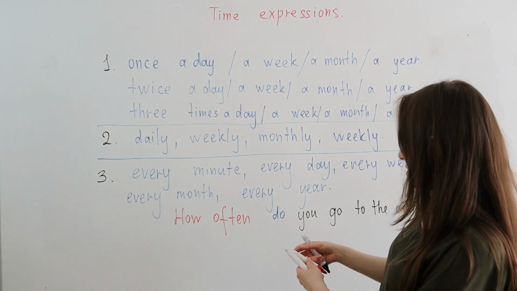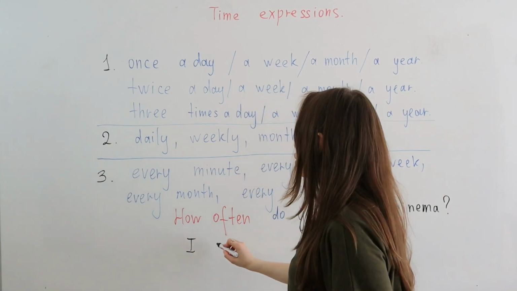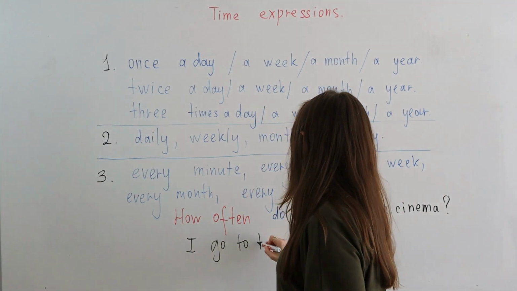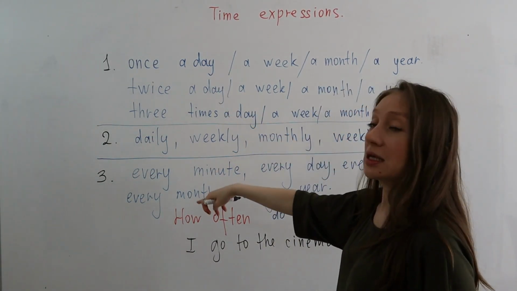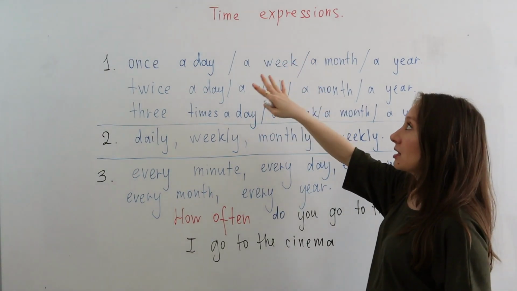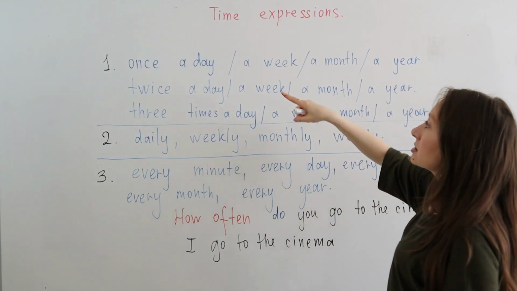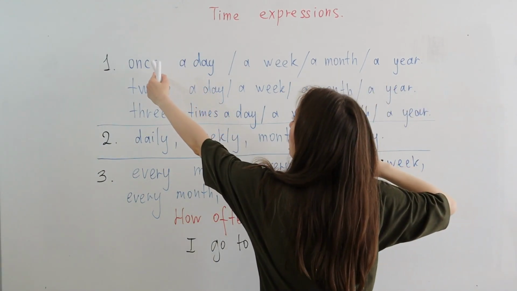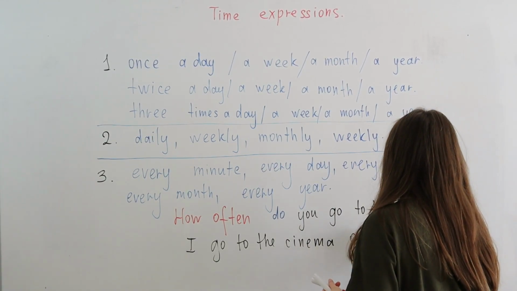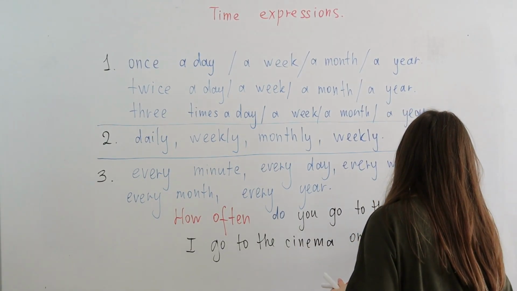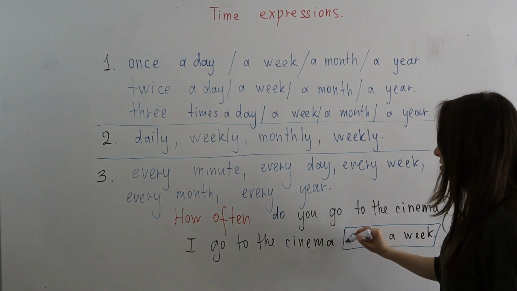For example, the answer is I go to the cinema, and you choose any phrase, any combination from these categories. Once a week, for example. I go to the cinema once a week. So we have our time expression here.